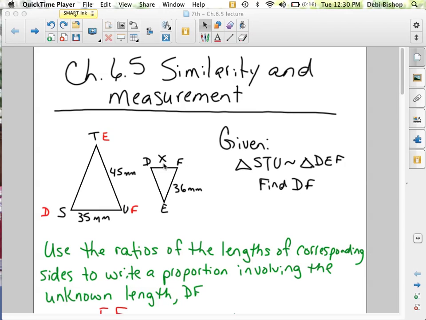My little trick that I did earlier was I like to put the corresponding parts to both angles so I can see what I have and what I don't have. So again, you set up a ratio, so you use the ratio of the lengths of corresponding sides to write a proportion. In this case, we're going to use the unknown length of DF.